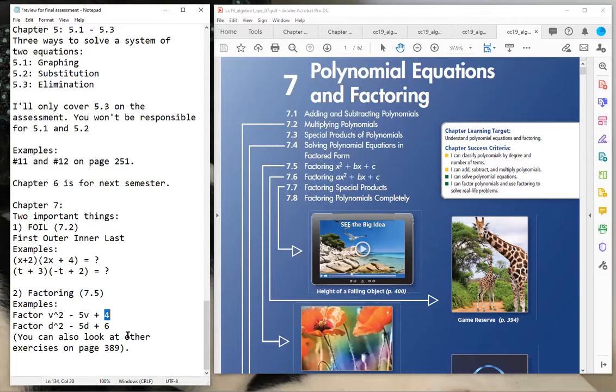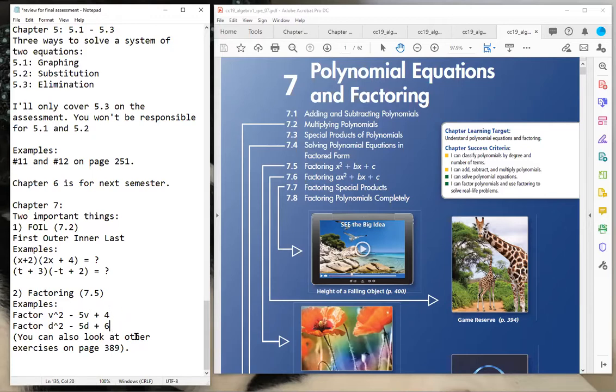Are there two numbers that multiply to 4 and add up to negative 5? If you think about that for a moment, you might say, yeah, right. So negative 1 and negative 4 will multiply to 4 and add up to negative 5. So you'll get v minus 1 times v minus 4 as the answer there.